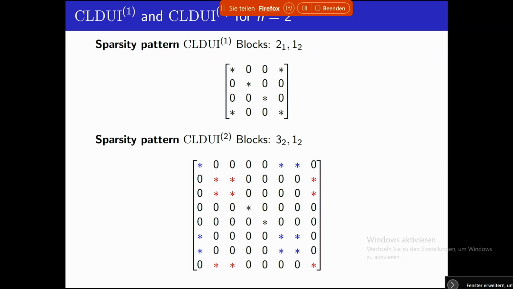And here's the first picture of the sparsity pattern of a CLDUI 2-state, so of an extended state. What one can see is that a similar block diagonality occurs again, and it actually behaves as nicely as one can wish for.